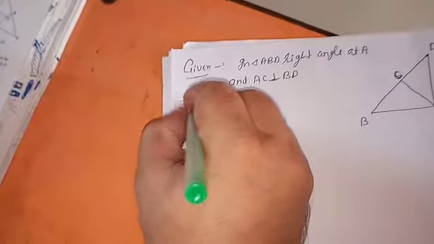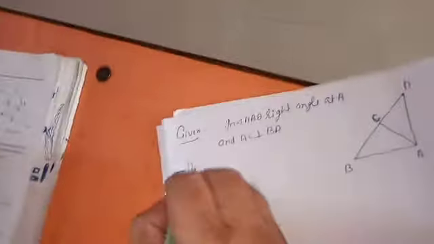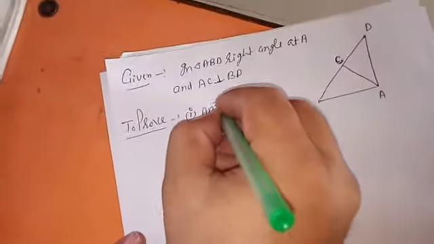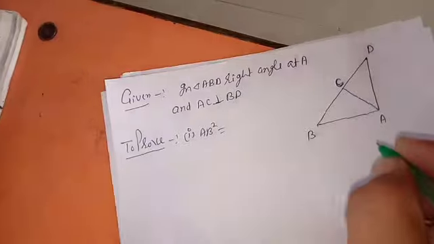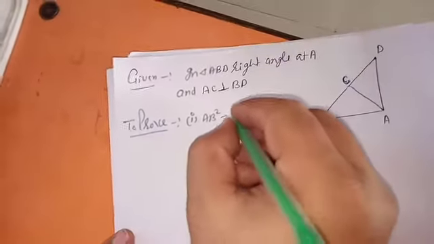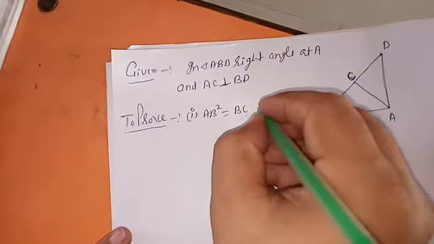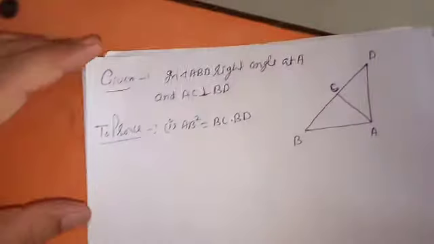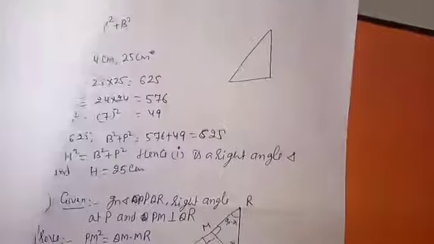To prove, so many parts given. First is this: AB square is equal to BC into BD.